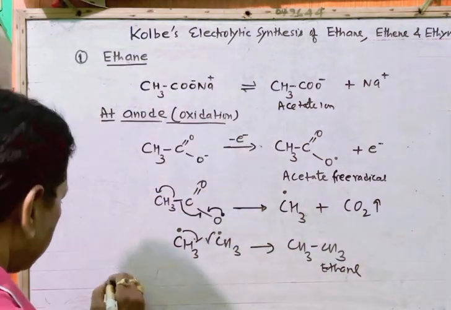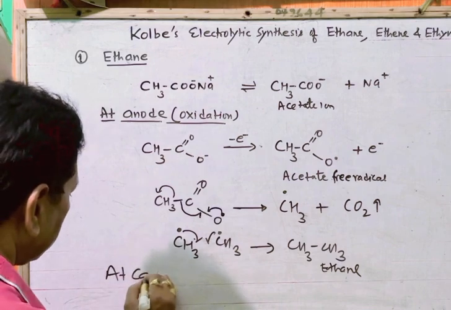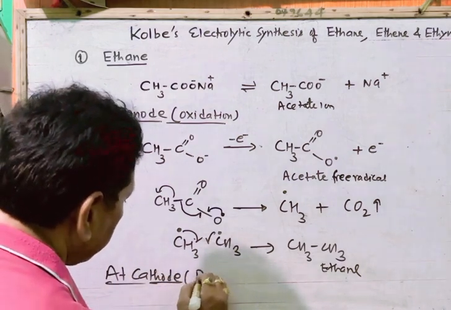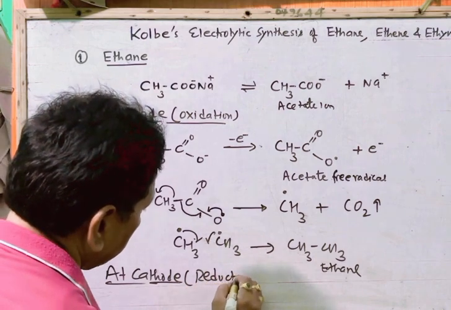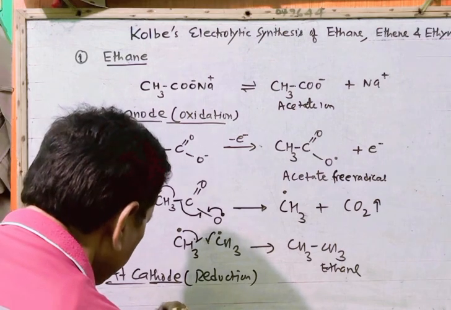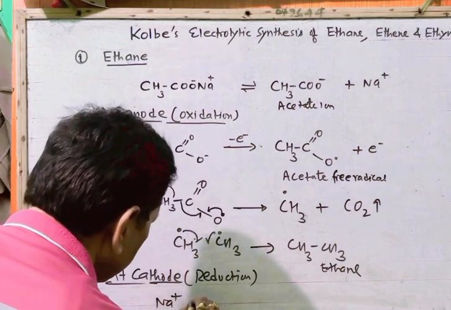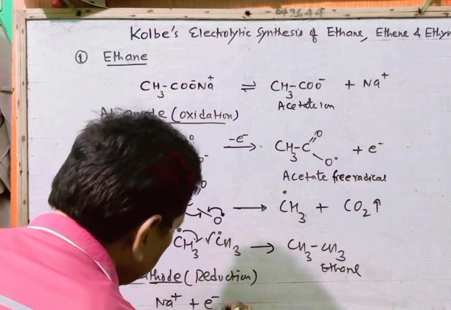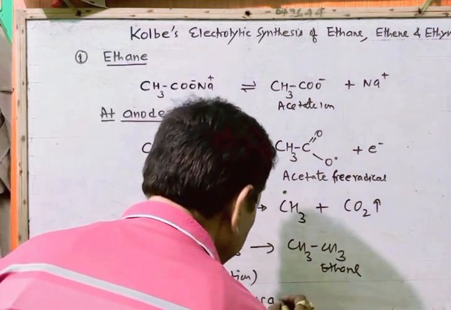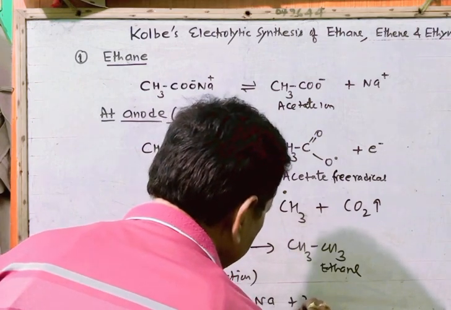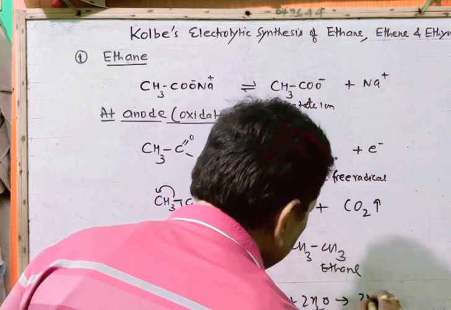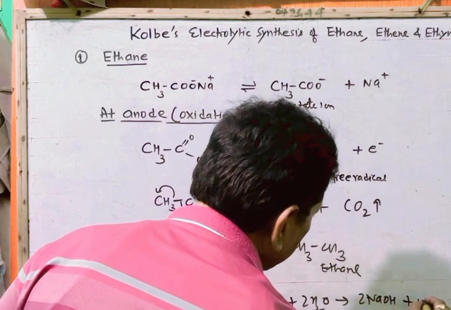And at the cathode terminal, reduction occurs. Sodium ion plus electron gives sodium metal, and this sodium in the next step reacts with water molecule to give sodium hydroxide and hydrogen gas.